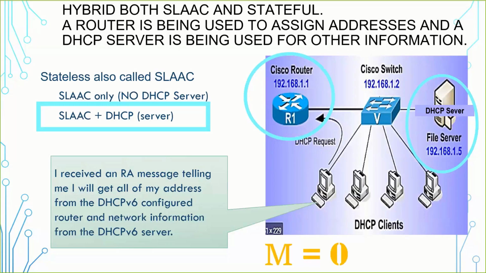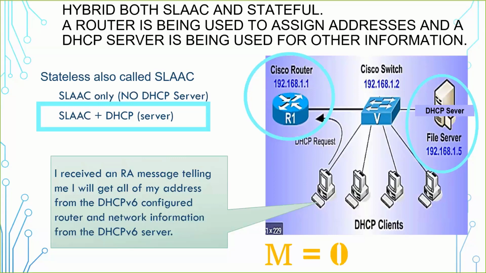So in this scenario, because the DHCP server is not managing the IP address, the M flag is off. Now what about the other flag, the other information flag? Is that on or off?